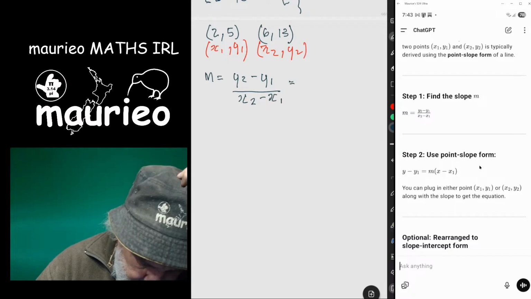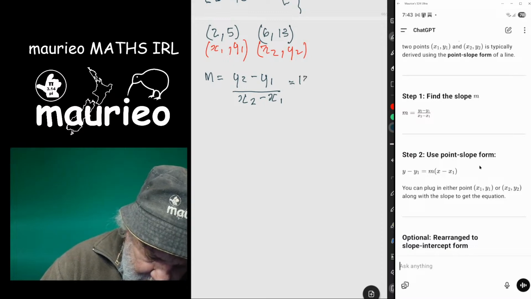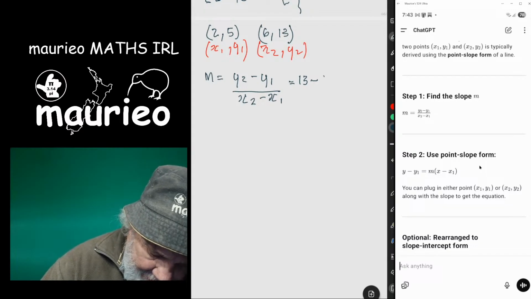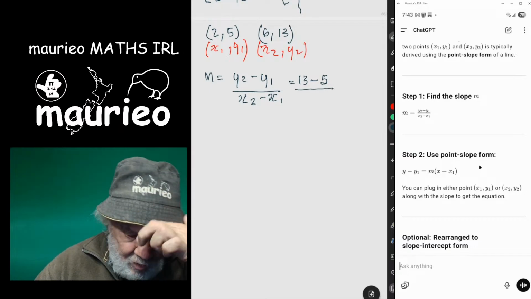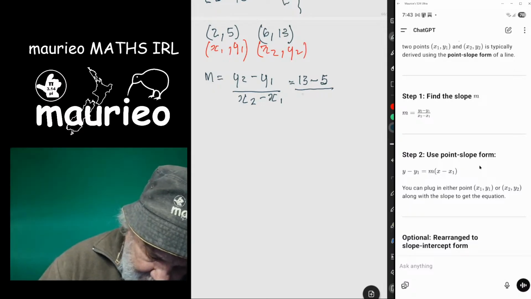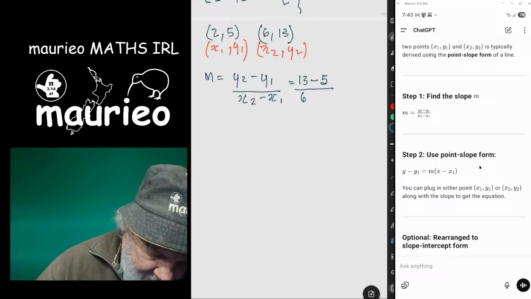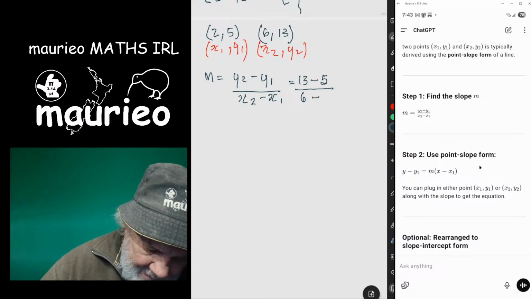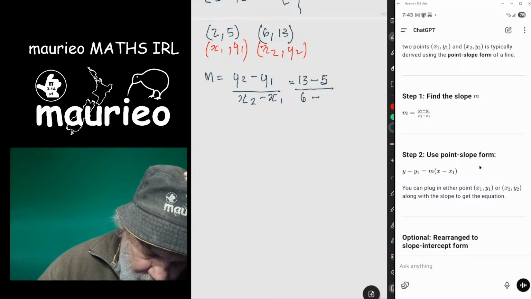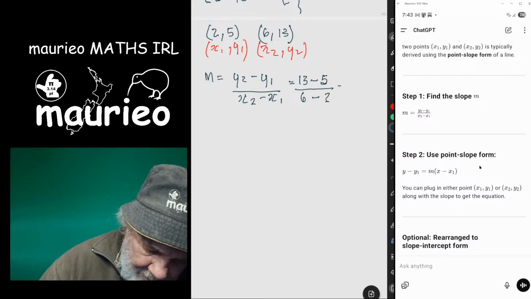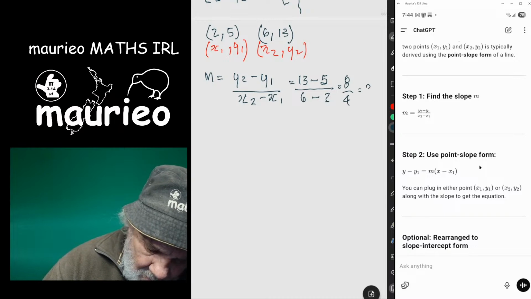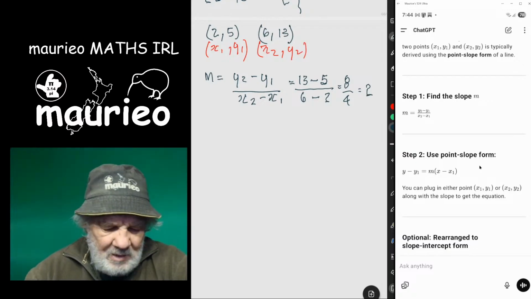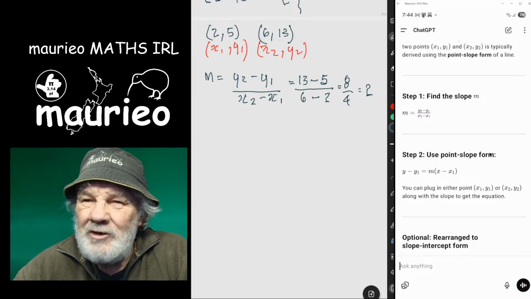So y2 is 13 minus y1 is 5, and x2 is 6 and x1 is 2. So that's 8 over 4, which equals 2. So it's positive slope.